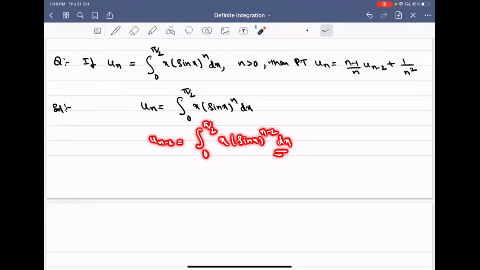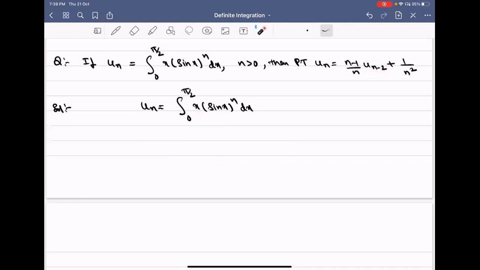That is, here Un minus 2 also contains the x. So we cannot use integration by parts to prove it, because Un minus 2 also contains x.